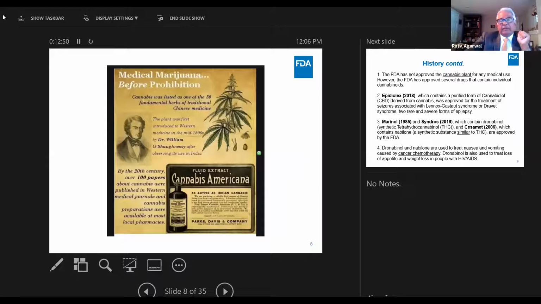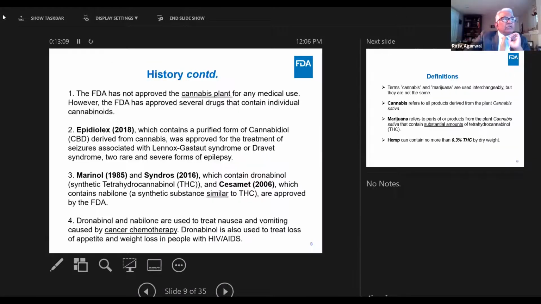Then something happened and the cannabis indica was replaced with cannabis americana, which was the American hemp or marijuana, we don't know. But the extract was introduced in the United States using the varieties that are available in the United States.